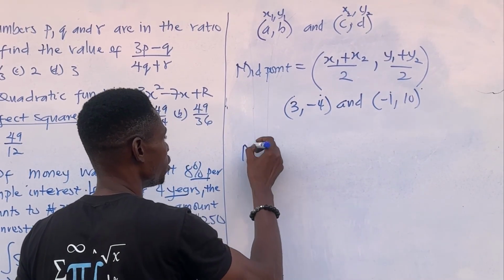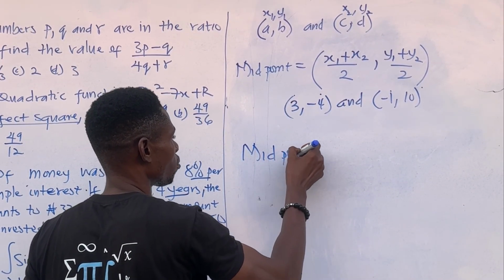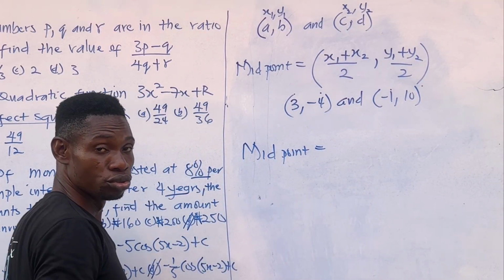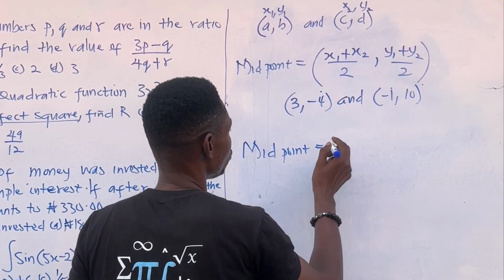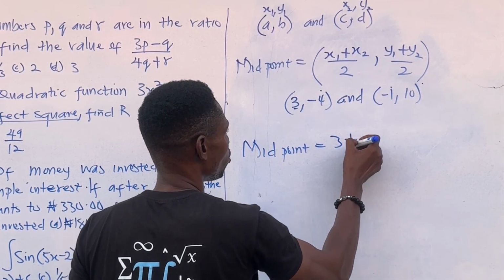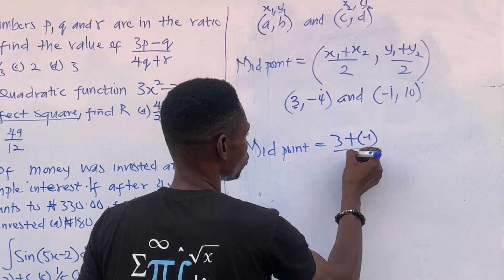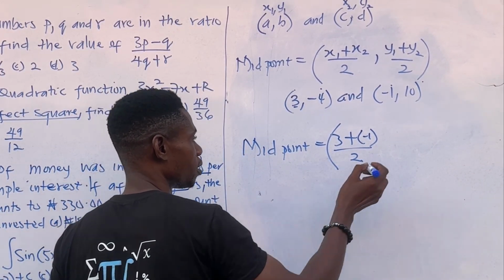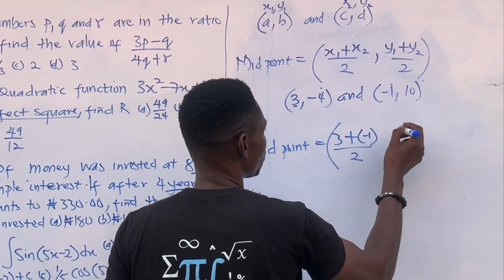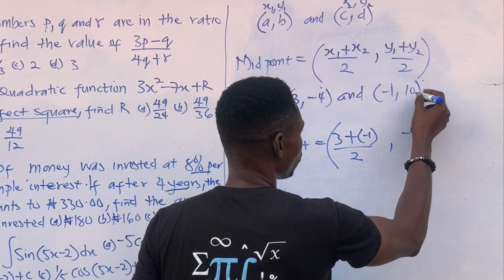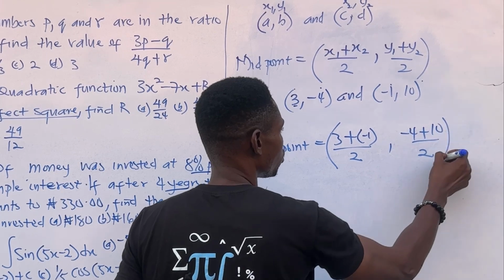So our midpoint will be equal to x1, that's 3, plus x2, that's minus 1, over 2, that's the x. For the y, we have minus 4 plus 10 over 2.